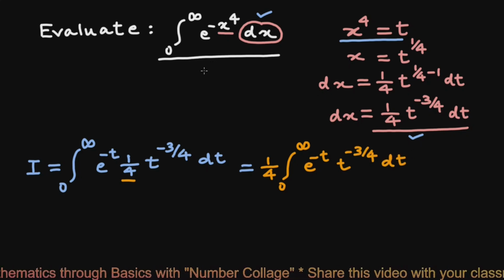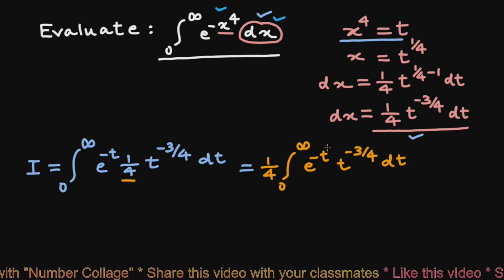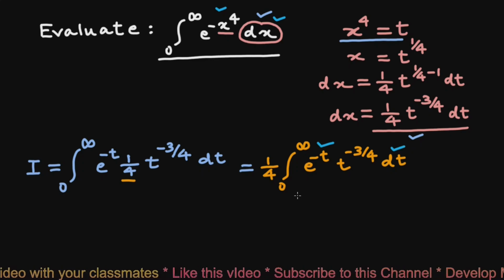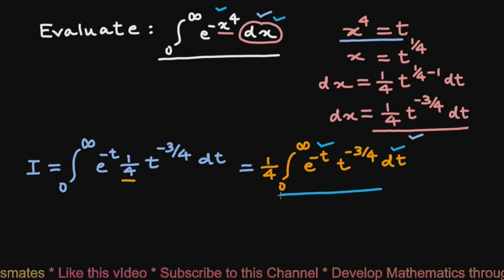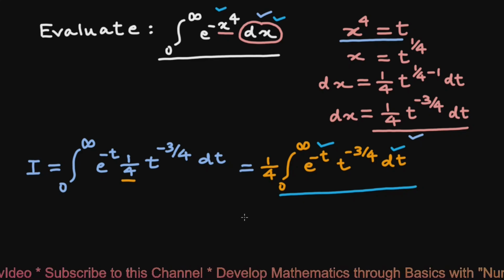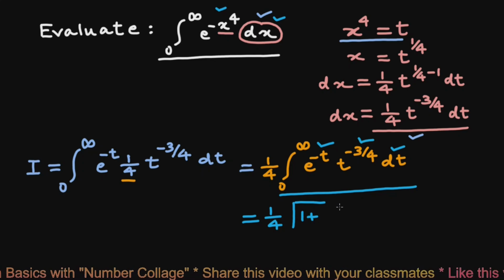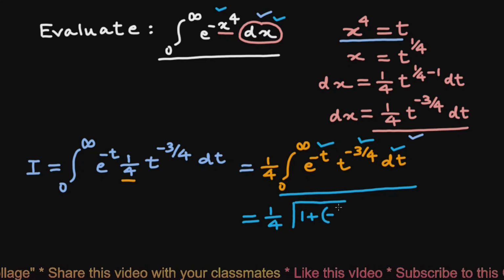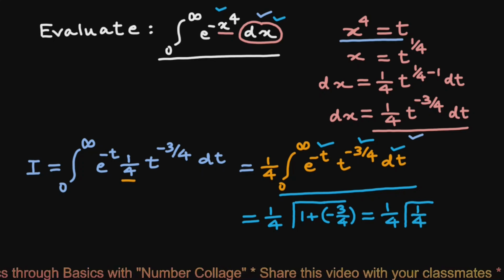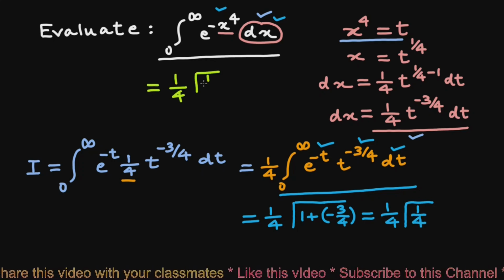You will observe that the original integral in x has been converted into a new integral in t, which is as per the definition of gamma function. So this we will write further as 1/4 gamma 1 plus this n, which is minus 3 by 4, which will be 1/4 gamma 1/4. So the value of this integral will be 1/4 gamma 1/4.